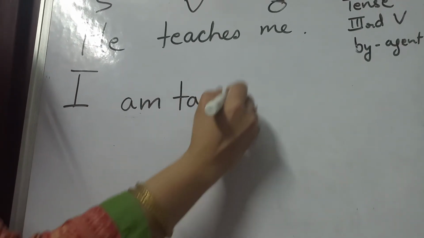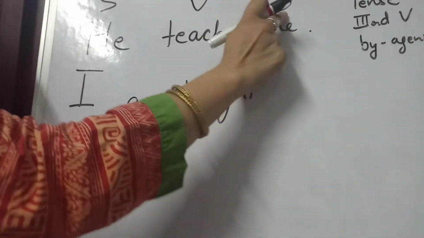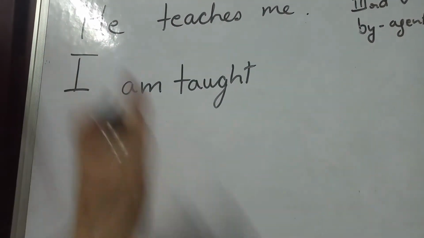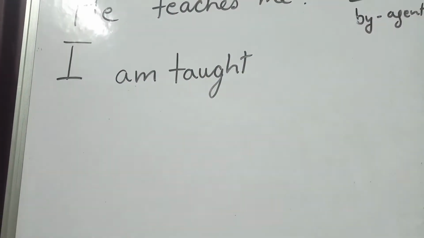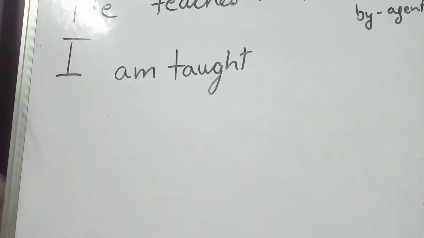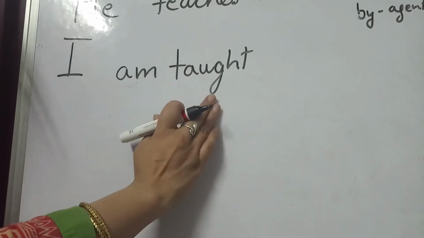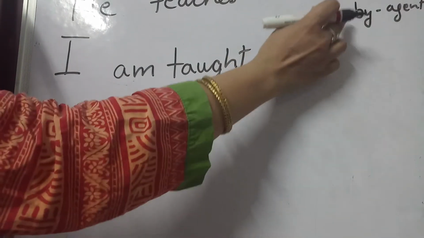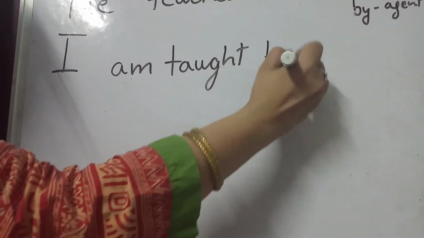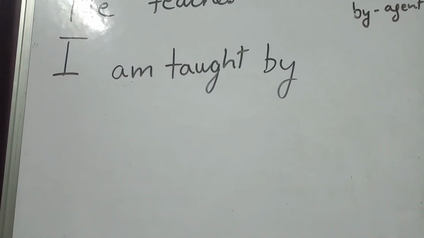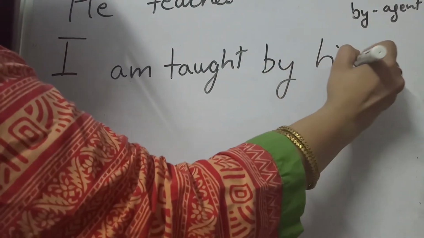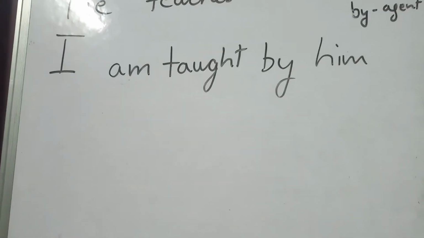Taught. See, we have marked, we are going through this, we will never go wrong. If we remember this, we will never go wrong in active and passive voice. I am taught. Now we come to agent by. He becomes him.